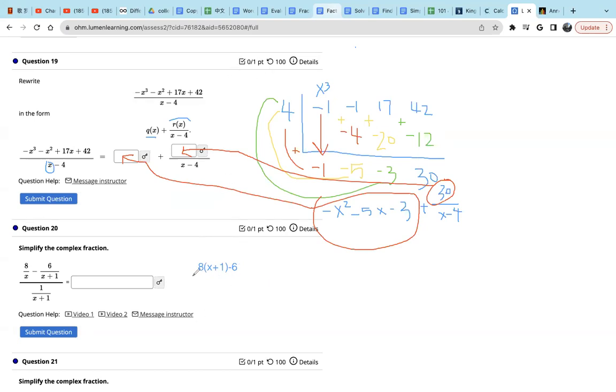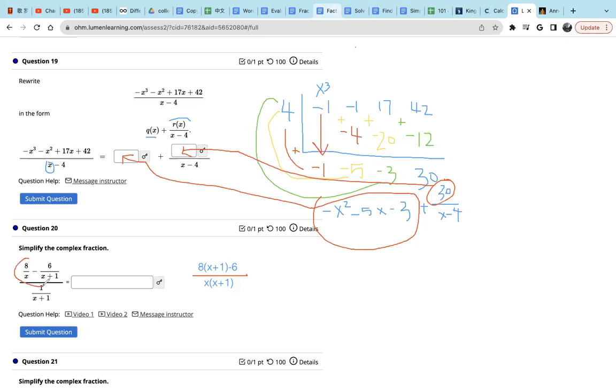Now we have a common denominator, just x times x plus 1. So this is our new numerator.